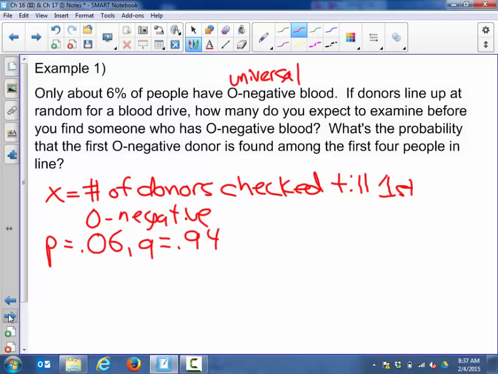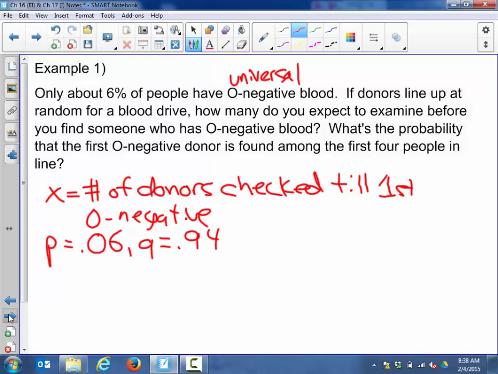So maybe it's not fair to say that if dad is A, that's not going to affect whether or not you are an AB, or O-negative blood type. But we'll assume that's the case, because honestly, we can't answer the question unless we make that assumption. And then the third piece is, do we have a constant probability of success? Sure, 6%, for any individual donor.